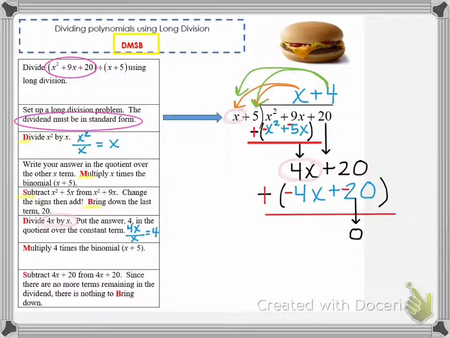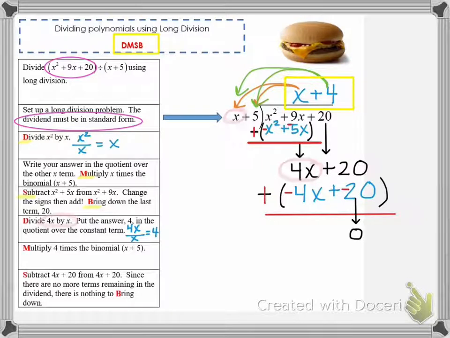This time 20 plus negative 20 also gets me to 0. And since there are no more terms in my dividend, I brought everything down, I'm done. Yay! And since my remainder is 0, I know that my divisor goes into my dividend evenly because there was nothing left over.